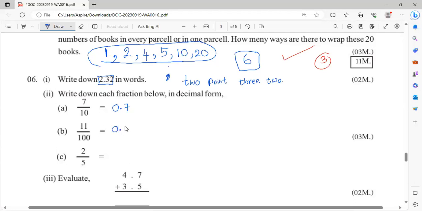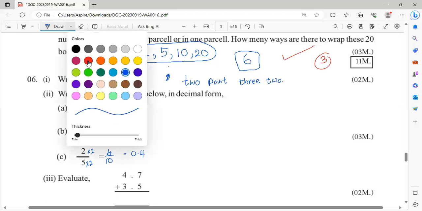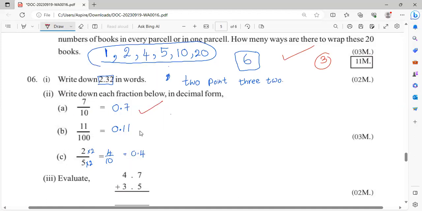Therefore, we have to separate the numerator into 2 decimal places. 2 upon 5, how do we express this in decimal form? Then you have to convert this into 10. No? 10ට හරවගමු. Then it becomes 4 over 10. Now we can express it as 0.4. For each of the answers, you are given 1 mark.